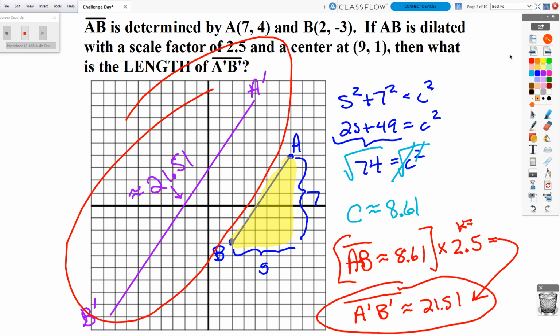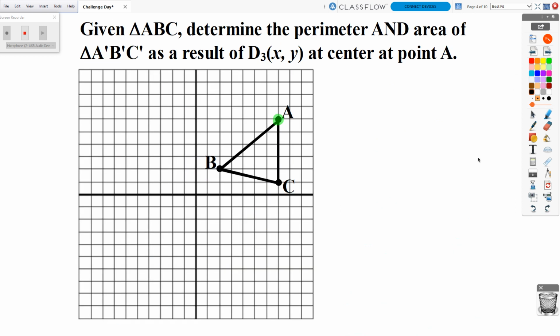All right, so now we're going to use this idea for number 3 here. So given triangle ABC, determine the perimeter and area of triangle A prime B prime C prime as a result of a dilation with scale factor 3 at center at point A. So we're going to use point A as not only point A, but it is where the center of the dilation is occurring.